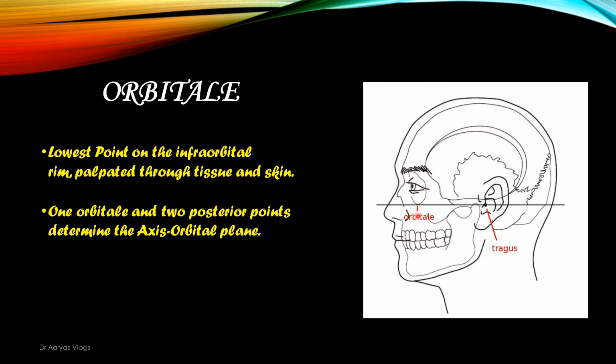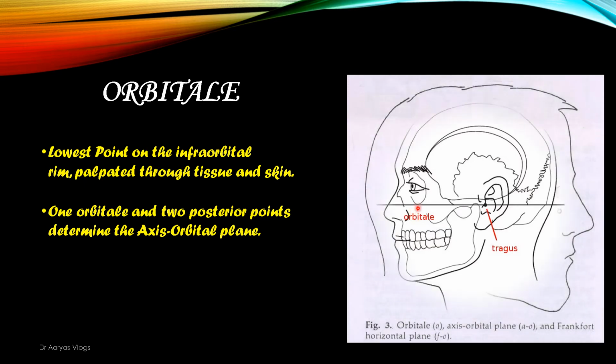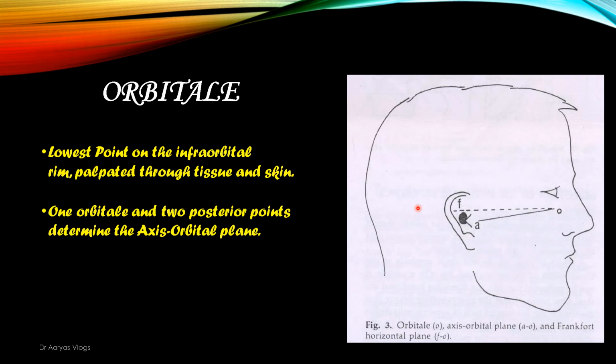It is palpated through the tissue and skin. What is axis orbital plane? Here one orbital and two posterior points determine the axis orbital plane. Here AO, that is the axis orbital plane.